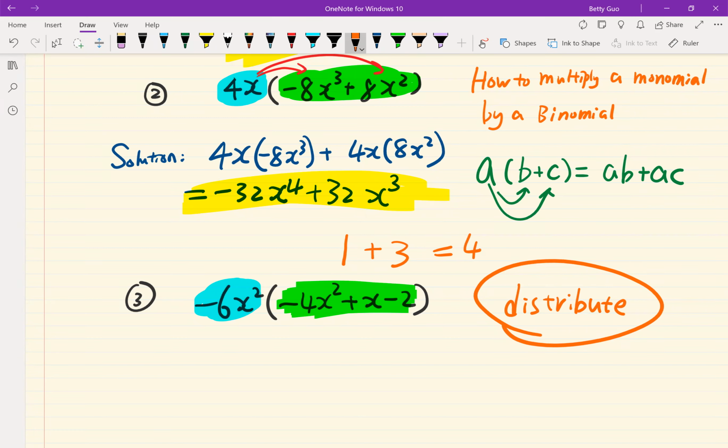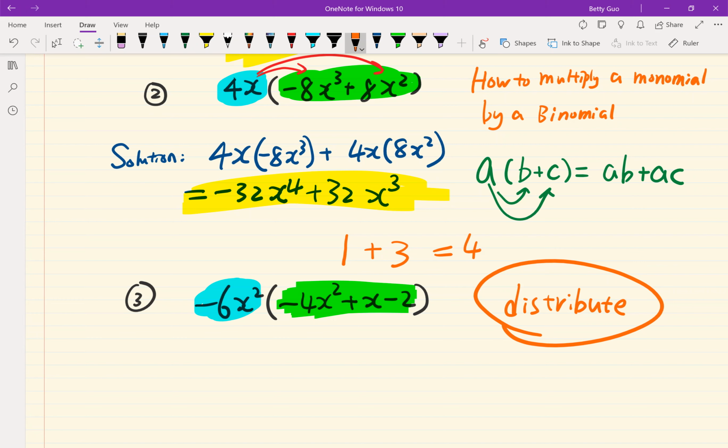Multiply the monomial -6x squared by every single term in the trinomial. Your answer should have three terms. In the multiplication, you have three terms. Okay, so that's good. Good job.